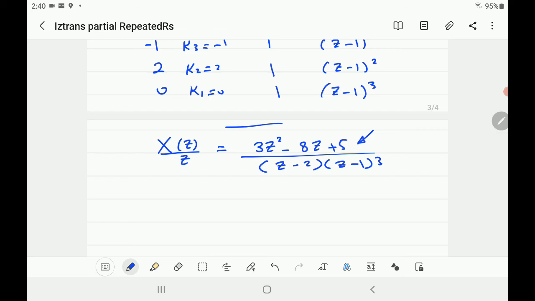Well, if you analyze this one, you can find the roots of 3z squared minus 8z plus 5. If you want to do it, you can do it in MATLAB. I advise you to check. I'm going to do it now in MATLAB. I have MATLAB with me. I'll write roots.